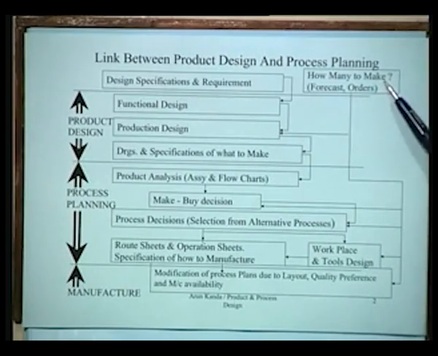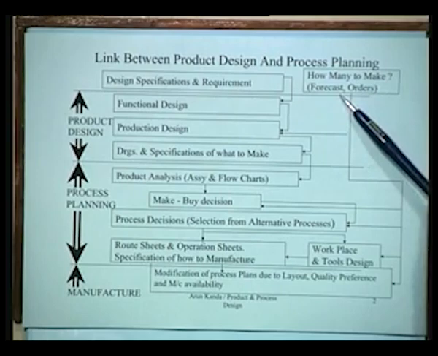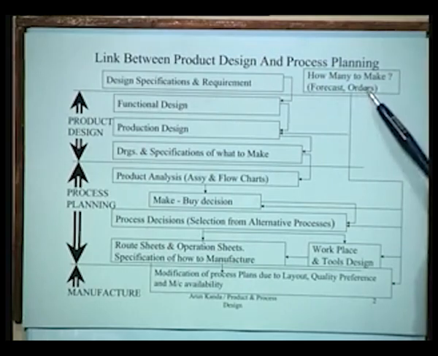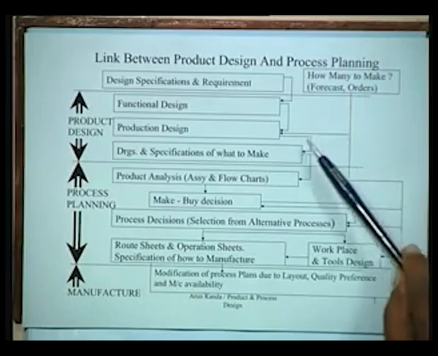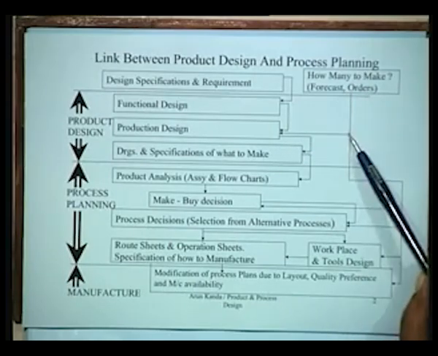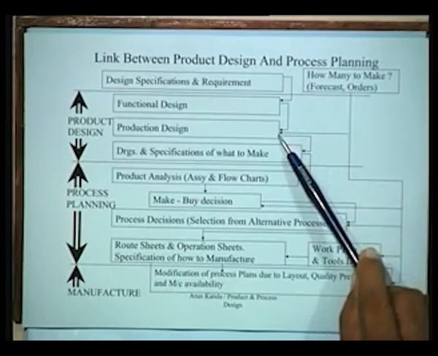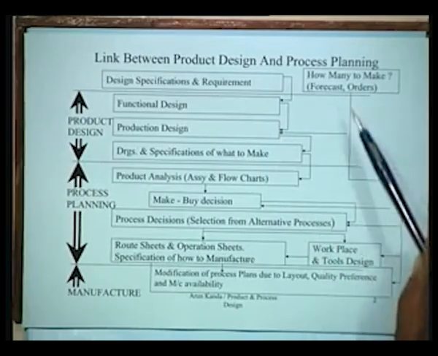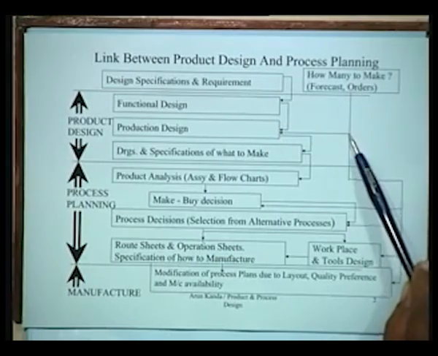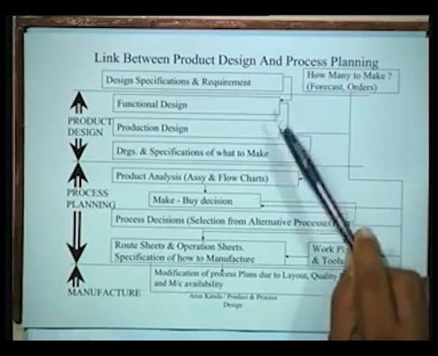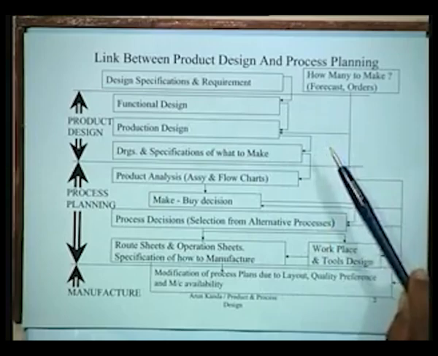So how much to make, either in terms of the forecast or firm orders, is generally available, and this governs to a very large extent aspects like what should be the production design, and how products should be manufactured so that this quantity is taken care of, and so on. So this is a very important auxiliary input to the whole process here.